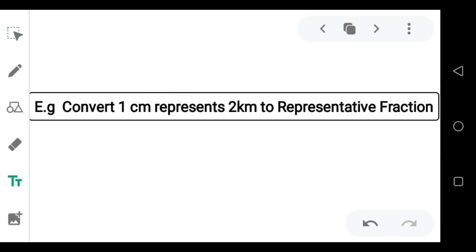For example, convert 1 centimeter represents 2 kilometers to representative fraction. How do you convert 1 centimeter represents 2 kilometers to representative fraction?